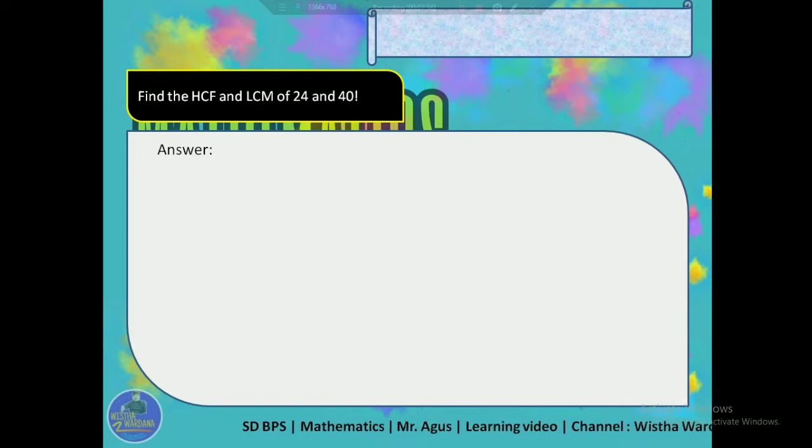If we have a question like this, we know in this question we have two numbers, 24 and 40. If you want to answer this question, I suggest you use the division method or the prime factorization method, but it is better to use the division method.